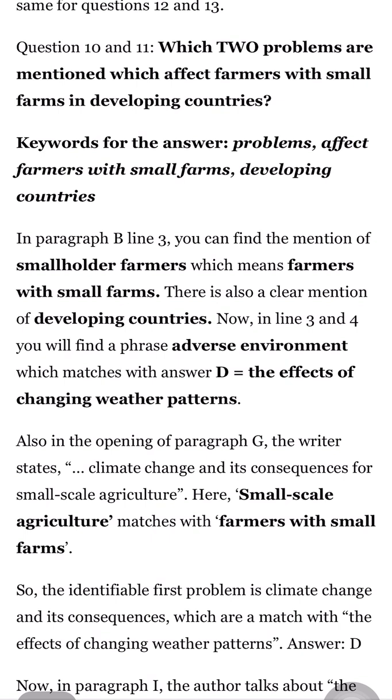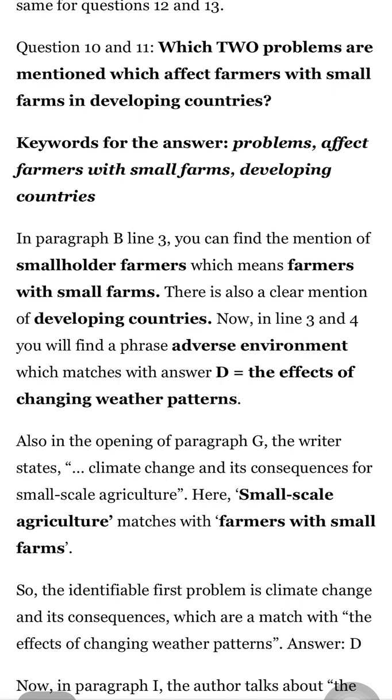Now, in lines 3 and 4 you will find a phrase adverse environment, which matches with answer D, the effects of changing weather patterns. Also in the opening of paragraph G, the writer states, climate change and its consequences for small-scale agriculture. Here, small-scale agriculture matches with farmers with small farms.